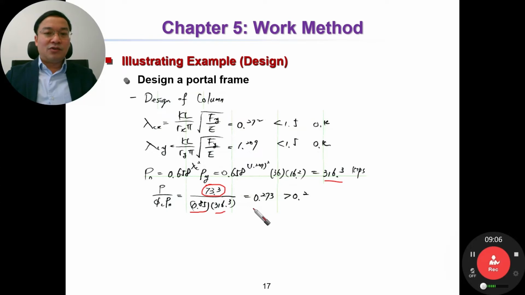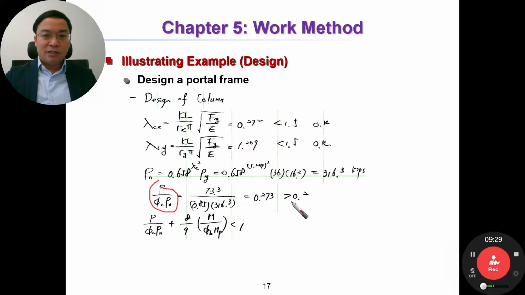Then we have the result, and finally we have this ratio equal to 0.273, which is greater than 0.2. Then the following equation is used for checking the condition. Because this ratio is greater than 0.2, this equation is used.